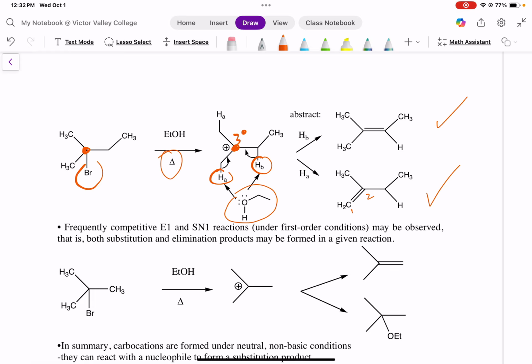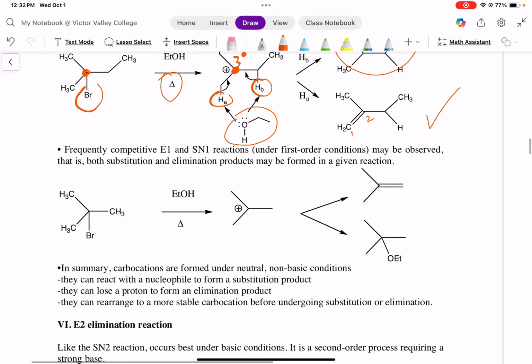That's a more substituted alkene, so it's more stable. All right, so we get two products, one is alkene number 1, one is alkene number 2. It's a mixture of the two, but of course the top one is the better product. It's the more stable product.